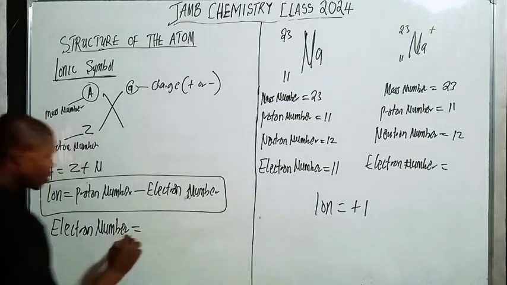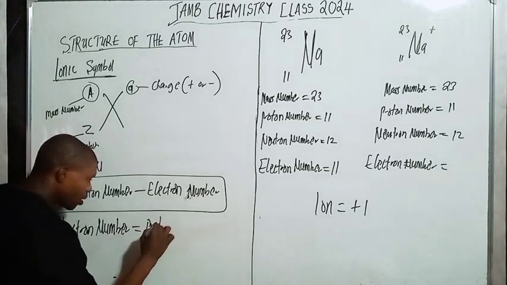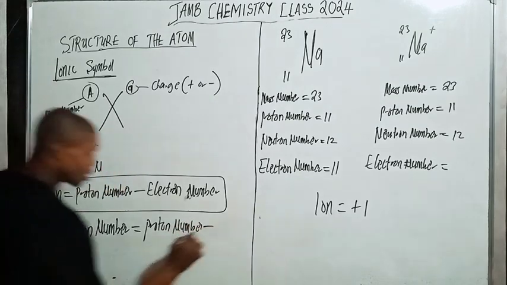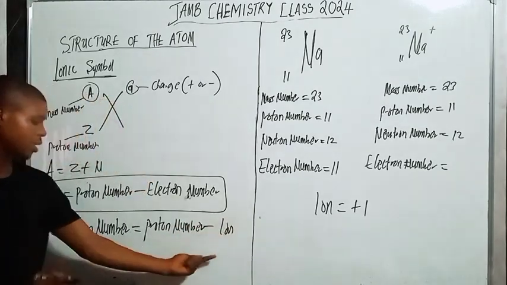My electron number is equal to proton number minus ion. This idea is very important here.